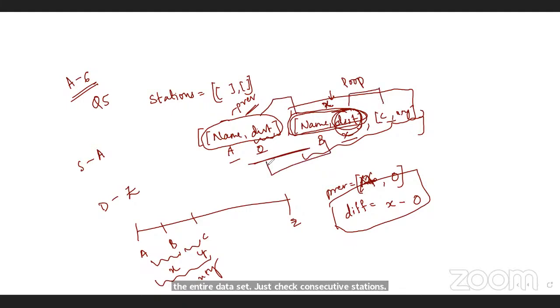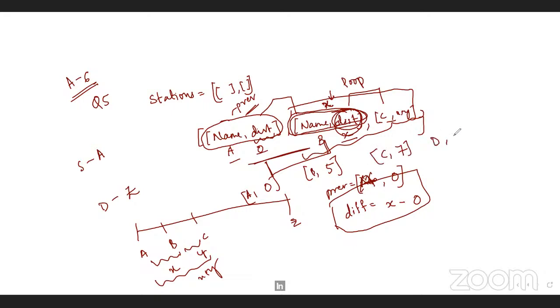Once I come across this difference, for example, say this is A comma 0 in 1, B comma 5 in 1, C comma 7, and D comma 10. For this example, first of all, your difference will be what? Difference will be 5.